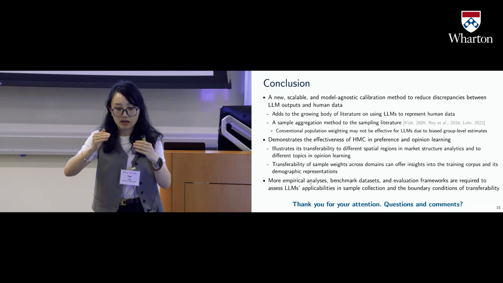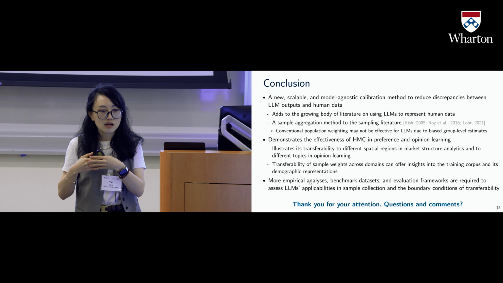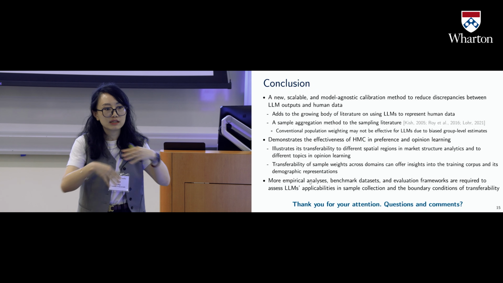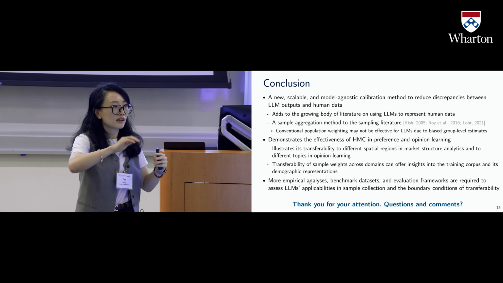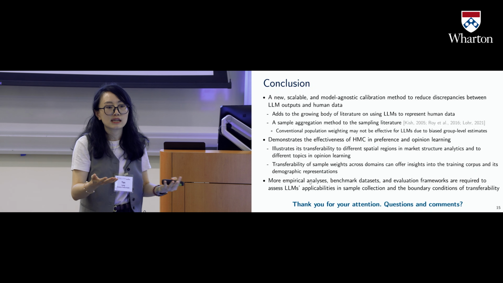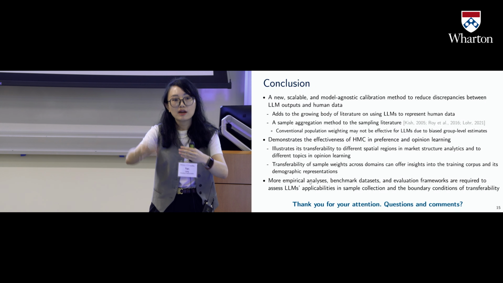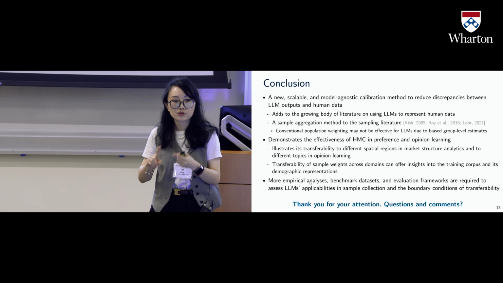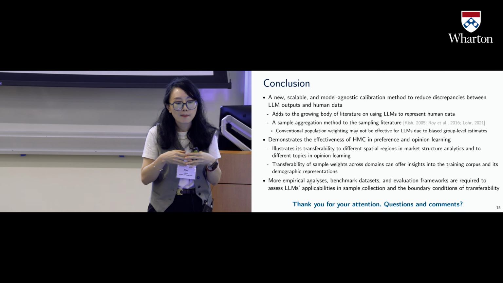Another benefit of our method is that you don't need a lot of data. But if you're using those complicated reinforcement learning methods, you need to collect a large amount of data because there are billions of parameters that you need to optimize. So our method works on top of the output already produced by LLM responses. So the benefit is that it's more scalable, and also it requires a very small sample.